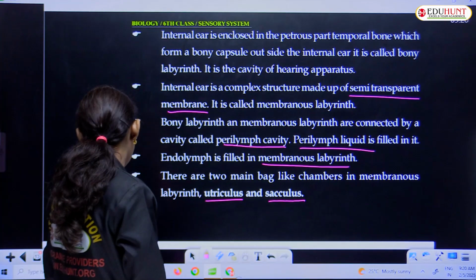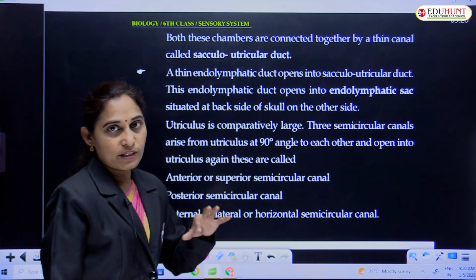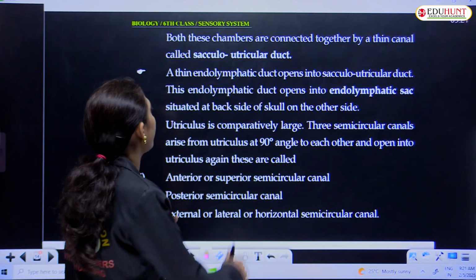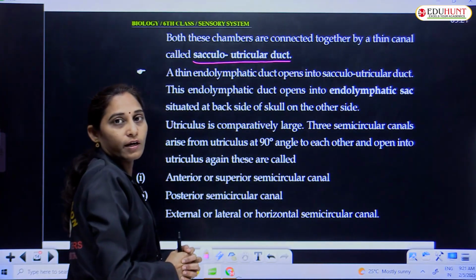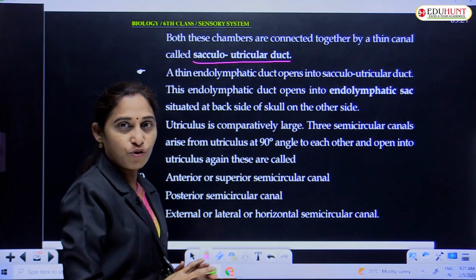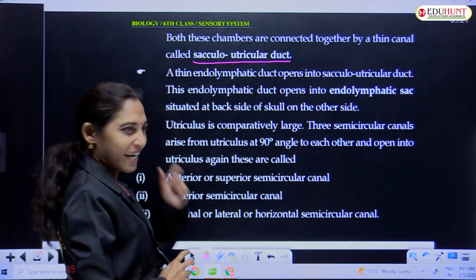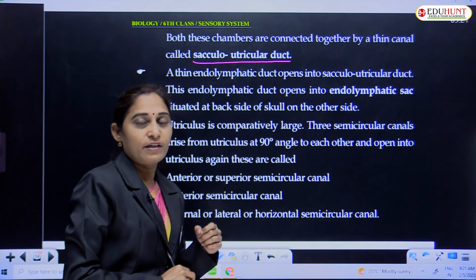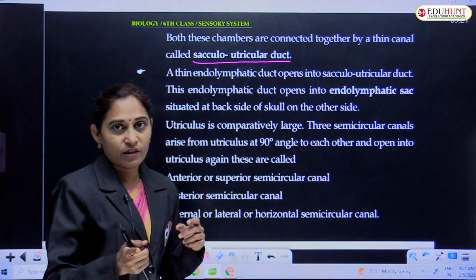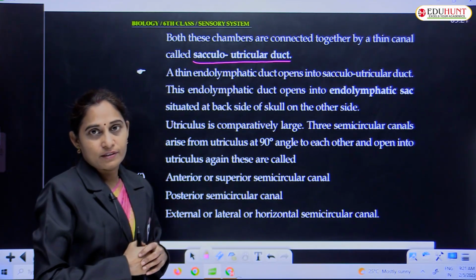and sacculus. Both these chambers are connected by duct called sacculo-utricular duct. Sacculo-utricular duct is the connection, a thin canal-like connection between the 2 chambers of the membranous labyrinth.